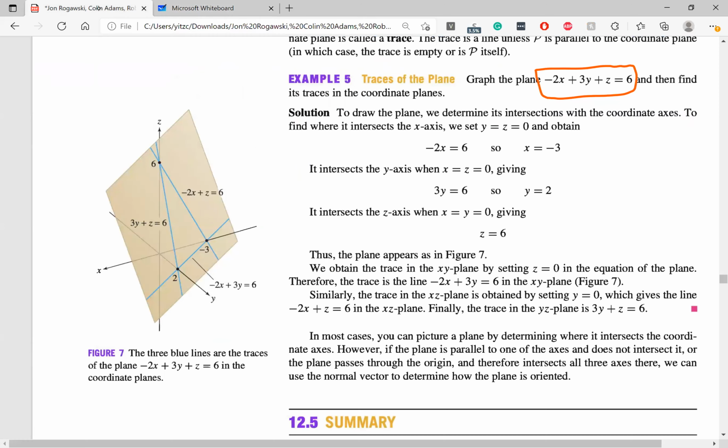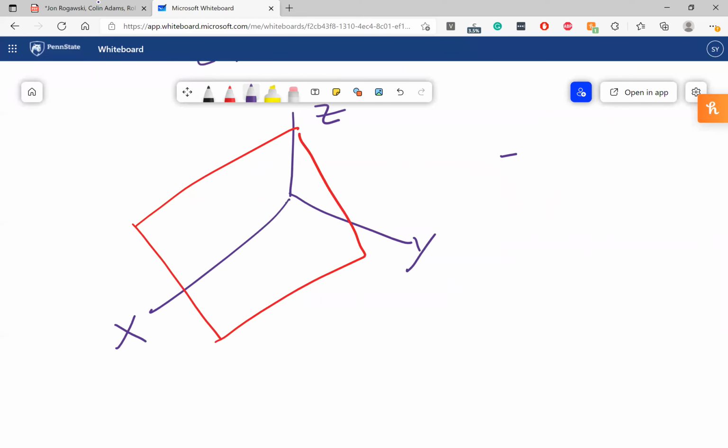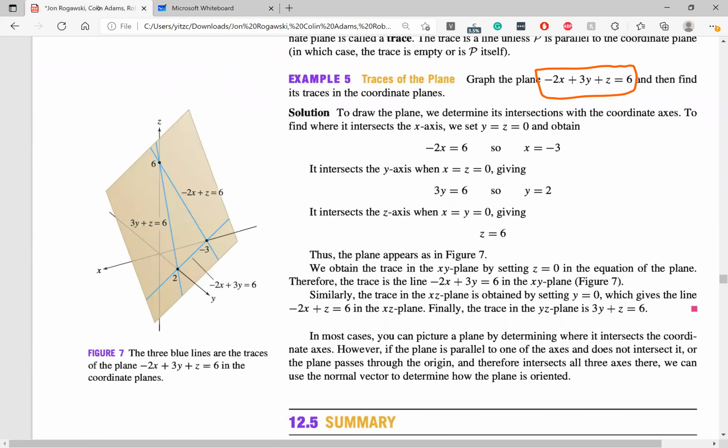And they tell us, let's say it's negative 2x plus 3y plus z is equal to 6.